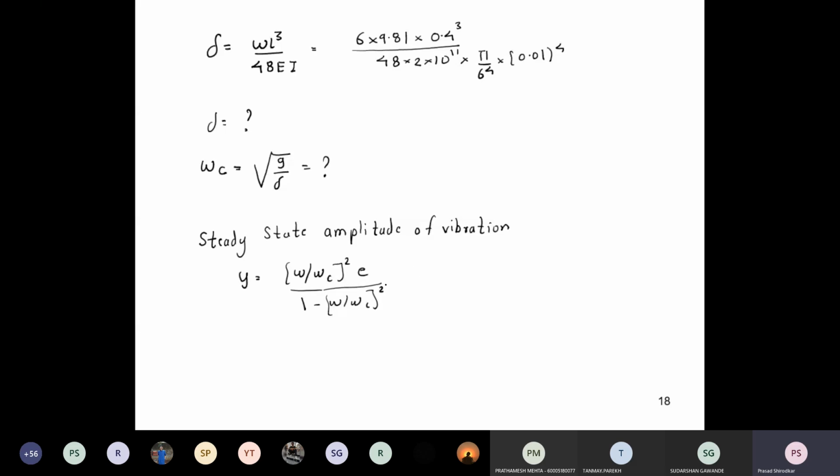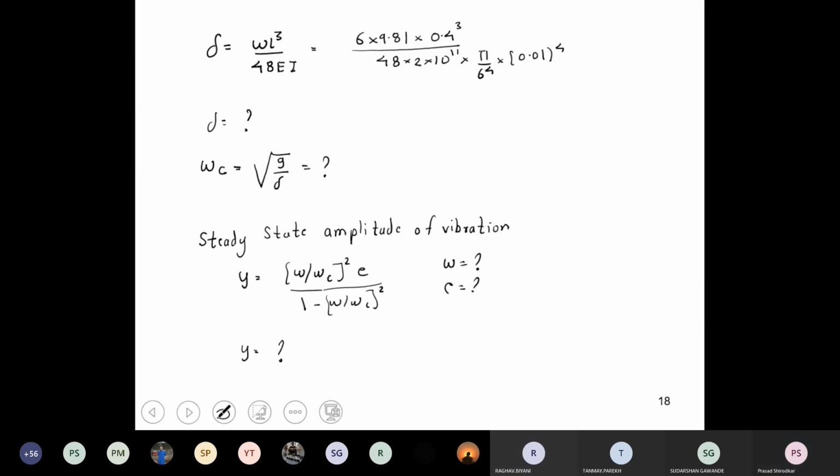Substitute omega, the forcing frequency, and eccentricity, which are given, and calculate the value of Y. That will give you the steady state amplitude.